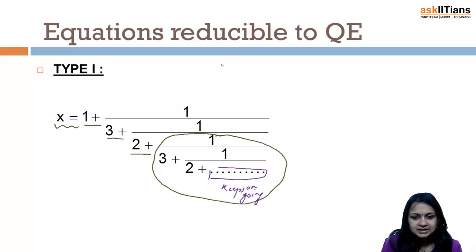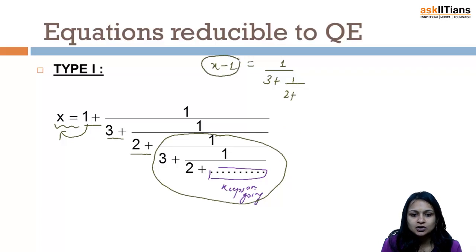So you can see that x minus 1, I have put this minus 1 on the left hand side. So this x minus 1 looks like 1 upon 3 plus 1 upon 2 plus, and again everything is repeated, which is again equal to x minus 1.